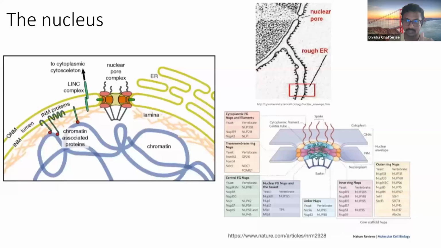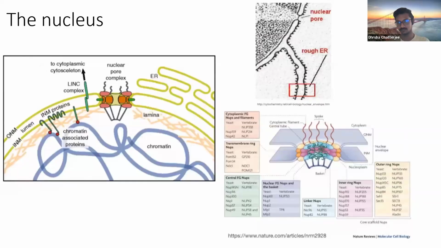So there are some proteins which are associated with the chromatin, and many of these inner nuclear membrane proteins interact with them, thereby anchoring many of these chromatin regions to the inner nuclear membrane, which also has some significance, as we will see, that the chromatin distribution is not very homogeneous within the nucleus.